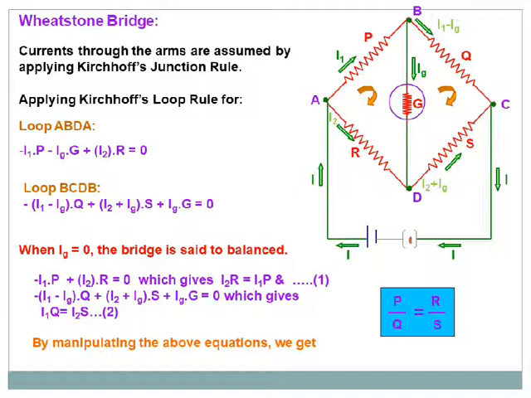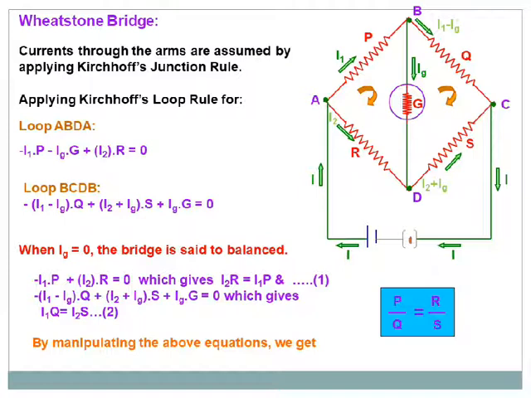Let me explain again. Wheatstone's bridge is the bridge in which four resistances are connected in quadrilateral sense, and between two points of the quadrilateral a galvanometer is connected. To balance the Wheatstone's bridge, the galvanometer should show zero deflection. Now we apply Kirchhoff's law. Two loops are there, and applying Kirchhoff's law to both loops, we get two equations.